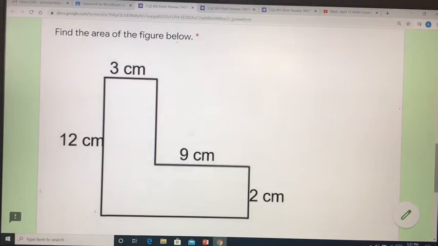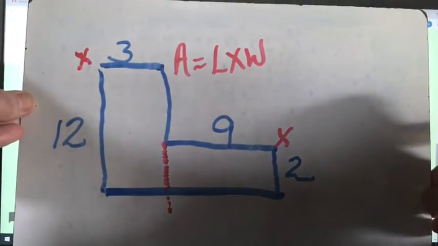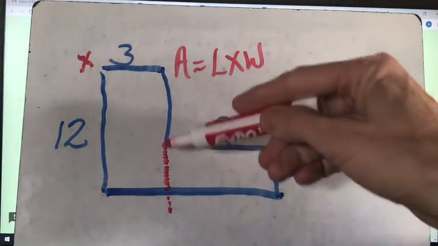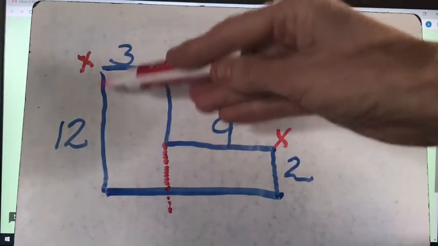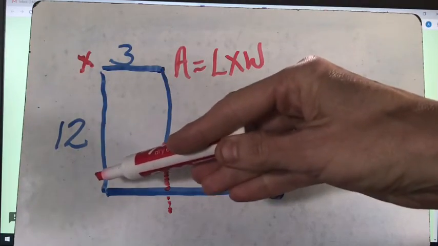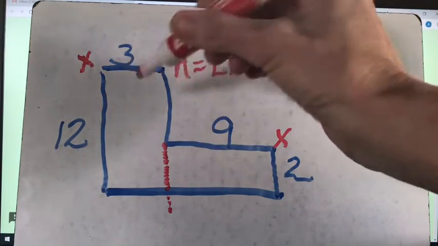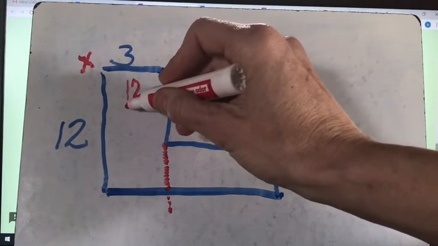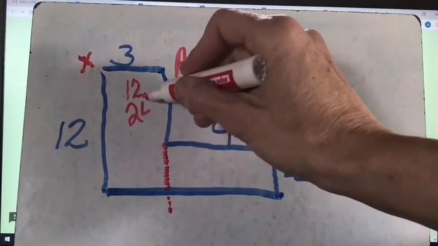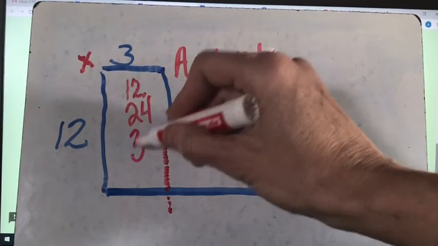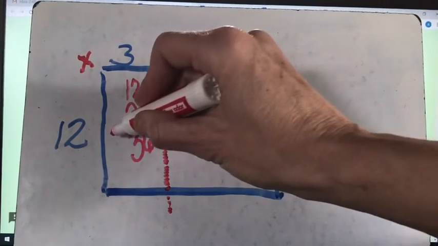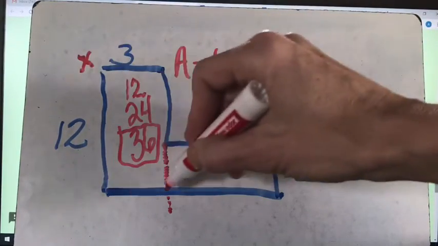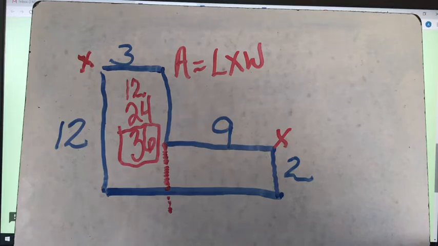Let me show you in the drawing that I did. I'm reminding you area equals length times width. I put that dotted line in. So this side is 12, this length, and I have to do 12 3 times. So 12 plus 12 is 24, plus 12 is 36. So 12 times 3 is 36. This rectangle is 36.